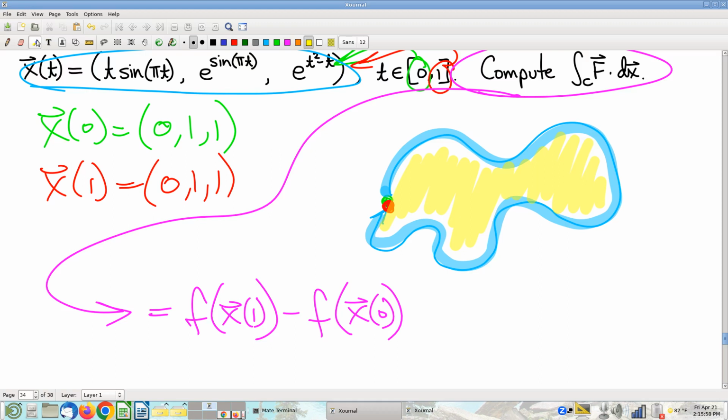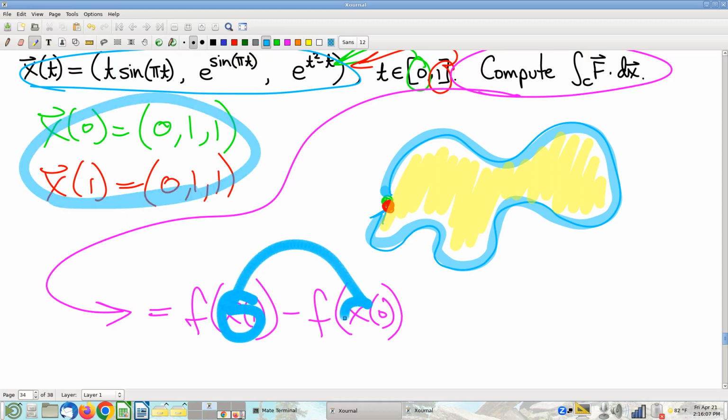But good news, it doesn't matter because these 2 points are the same. So I'm computing f at some point and then subtracting the exact same function f evaluated at the exact same point. So this is immediately 0. I don't have to know f, as it turns out. How about that? Everybody see what happened there? With all the good fortune, it worked out really nice.